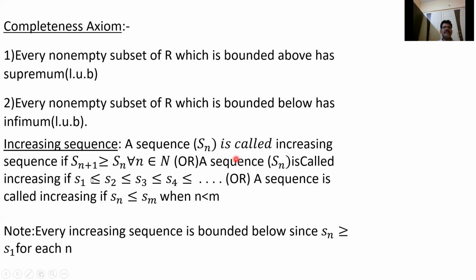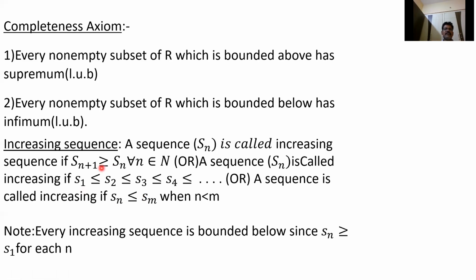A sequence Sn is called increasing if Sn+1 ≥ Sn for all n belongs to N. Or another way, a sequence Sn is called increasing if S1 ≤ S2 ≤ S3 ≤ S4 and so on. If the terms of the sequence are in increasing order, then the sequence is called increasing.